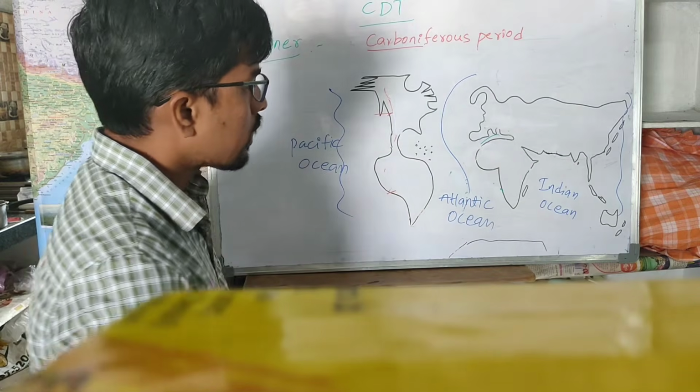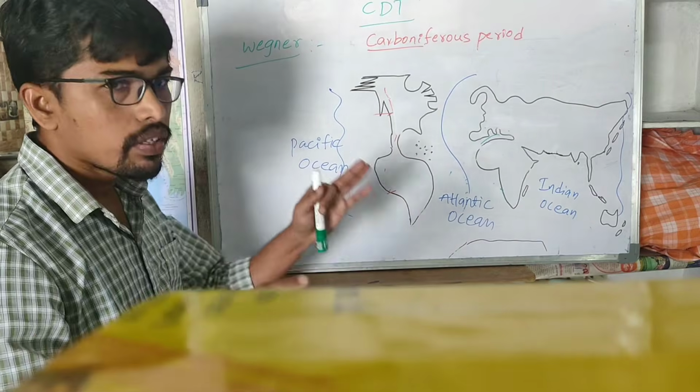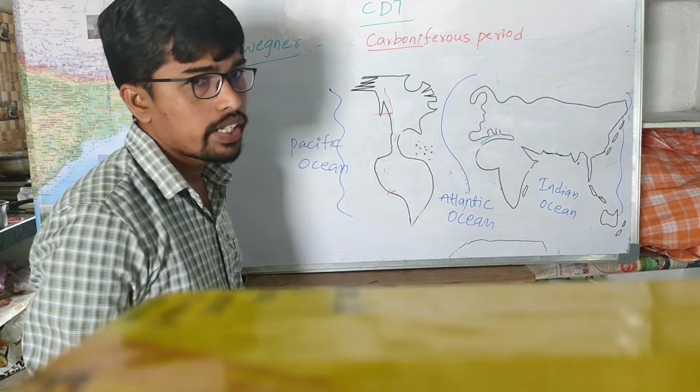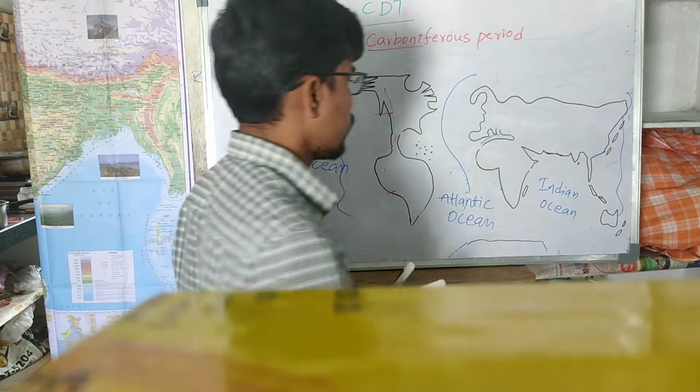The Panthalassa is divided into the Indian Ocean and the Atlantic Ocean, and the remaining part is the Pacific Ocean.